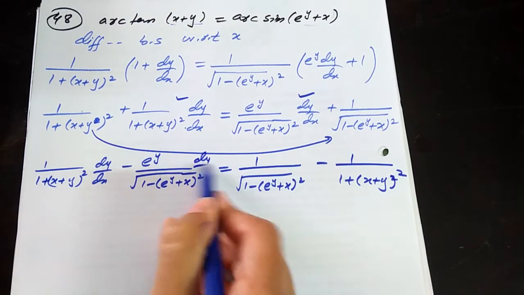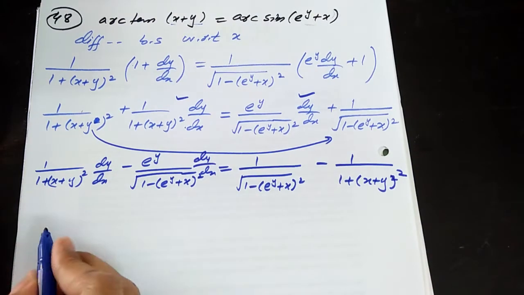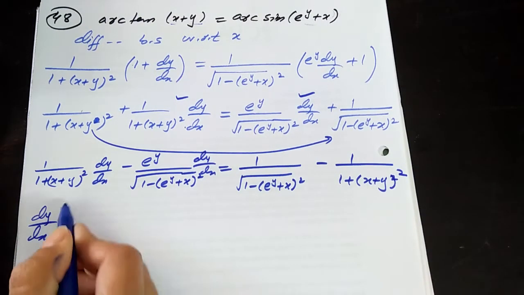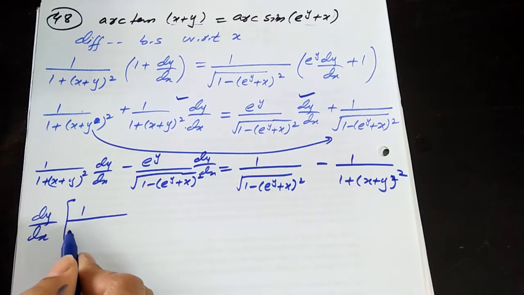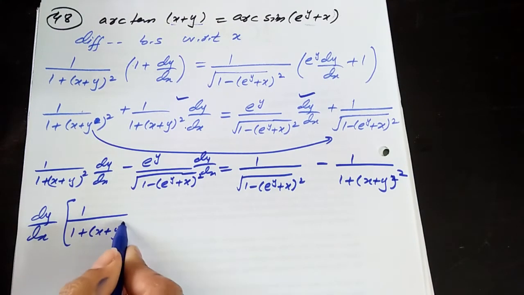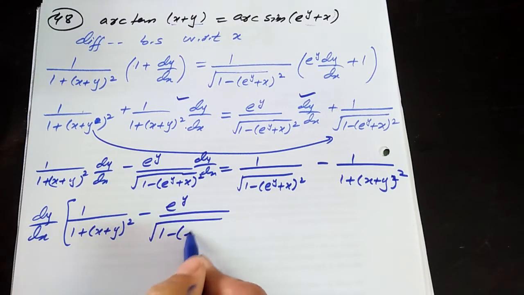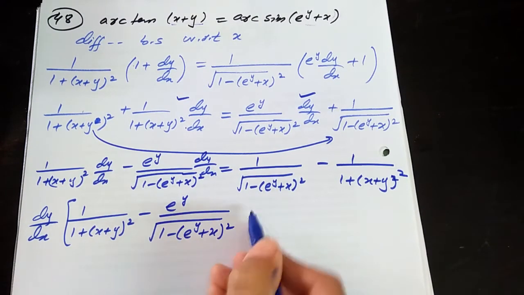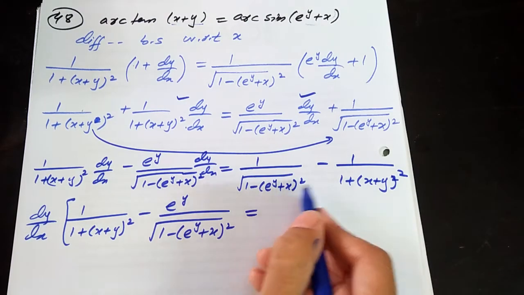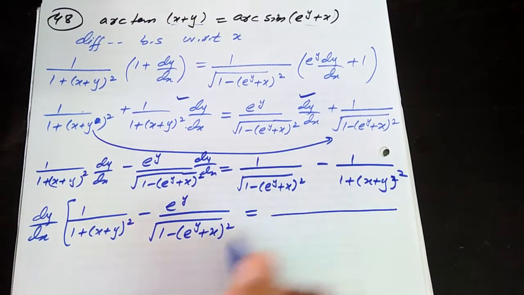Now take dy by dx common from this one. We will get here dy by dx times 1 over (1 plus x plus y) whole square minus e raised to power y over under root 1 minus (e raised to power y plus x) whole square equal this function. Now we can just take the LCM here as well.